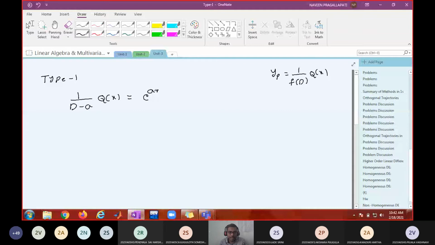In general, 1 by d minus a of Q of x is e power ax into the integral of e power minus ax Q of x dx. Is it okay?